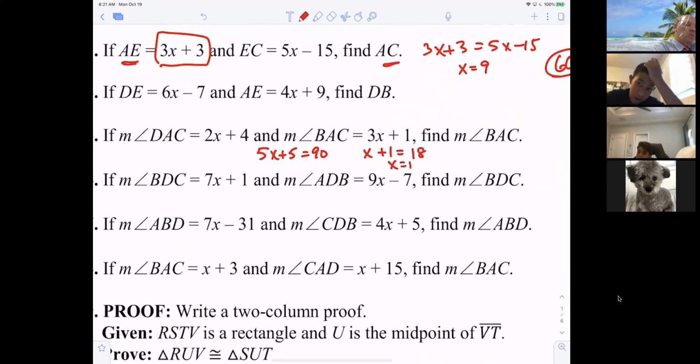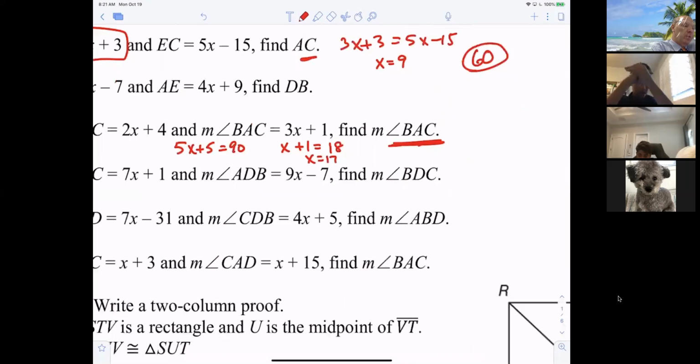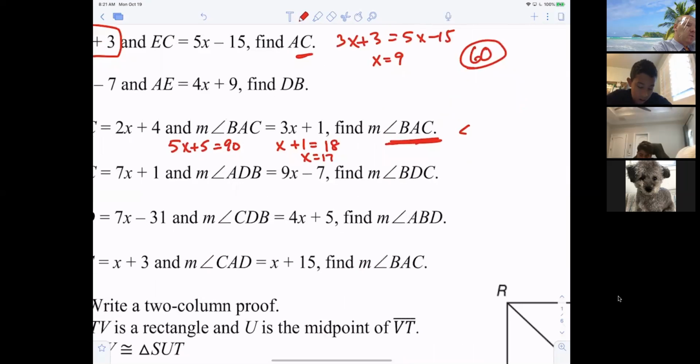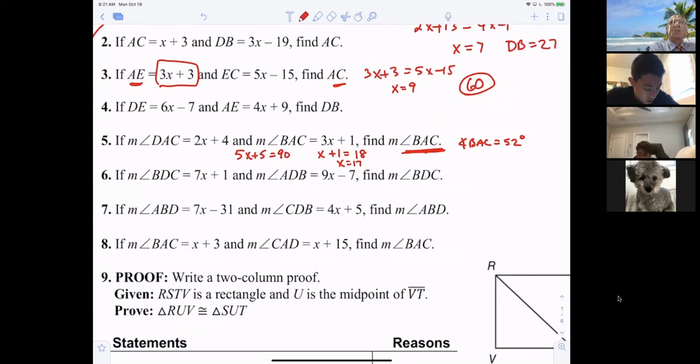So x equals what? 17. All right, so what are we looking for? BAC, right? So BAC is 52. Angle BAC equals 52 degrees. All right, I just don't think that's that hard.